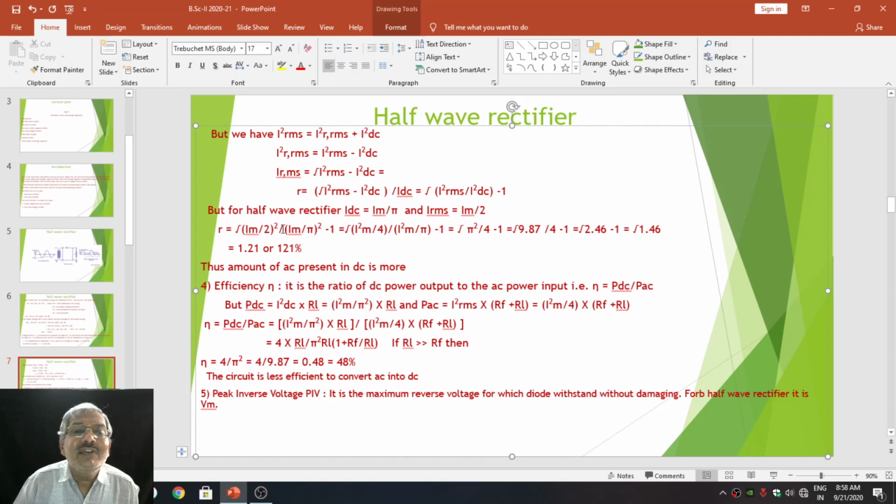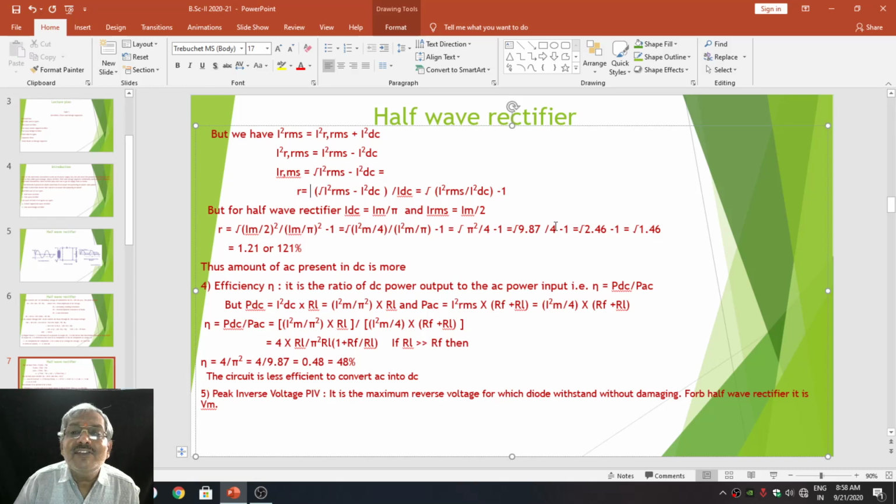Taking the squares, we can write square root of I square m upon 4 upon I square m upon pi square. Here I square m cancels, and we can write it as square root of pi square upon 4 minus 1, which is equal to square root of 9.87 upon 4 minus 1.